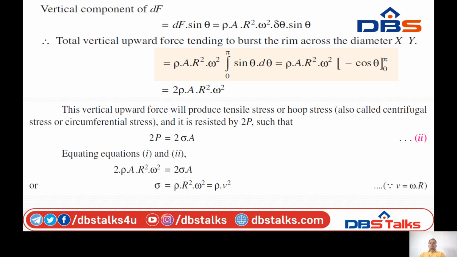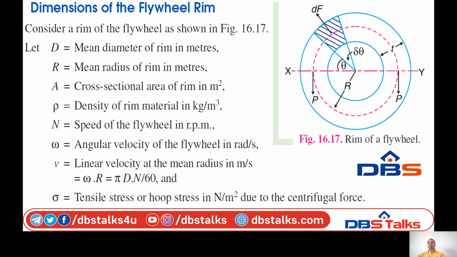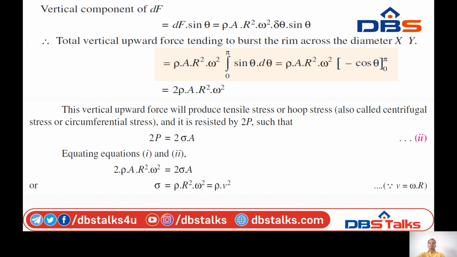Finally, the total vertical upward force which tends to burst the rim across the diameter XY, which we can see on the screen, is calculated as 2 rho A R square omega square.